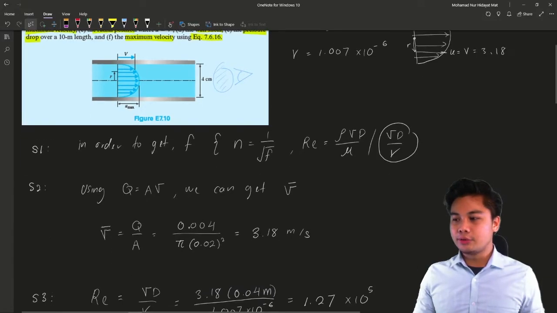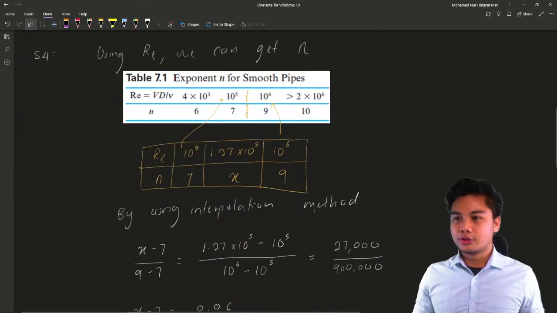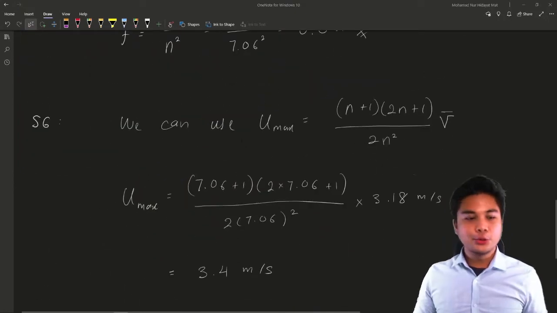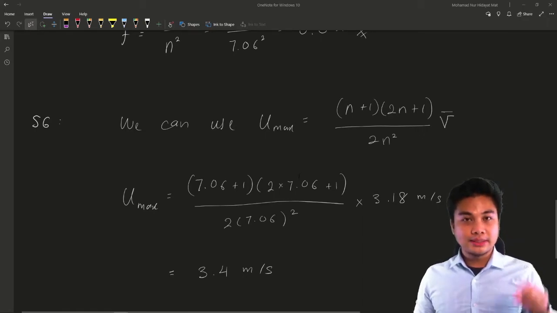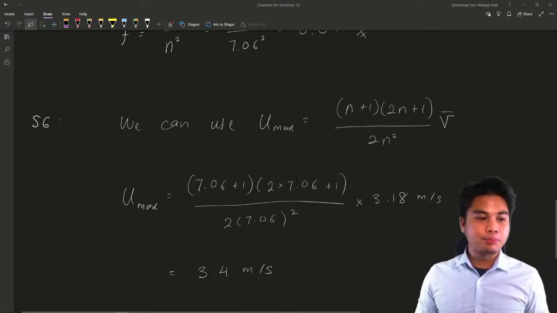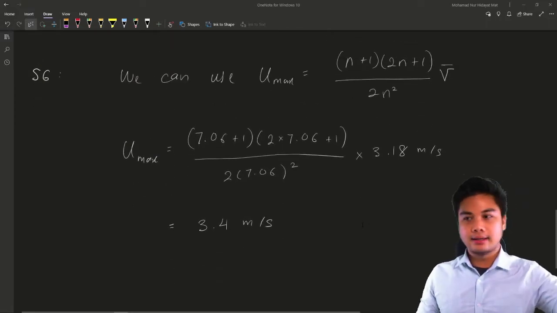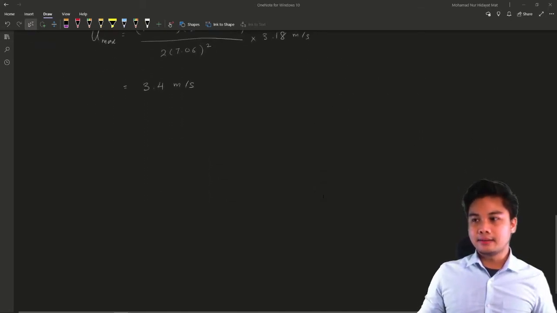You can see 3.18. Next, in order to get the radial position r when u is 3.18, we can use the equation here. This is step number 7.